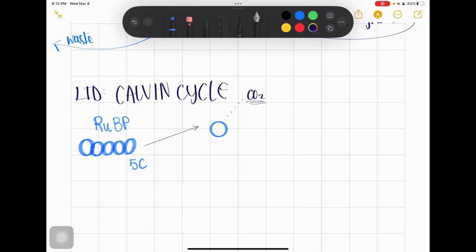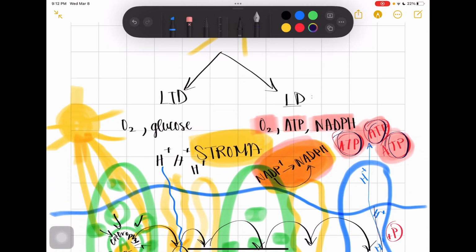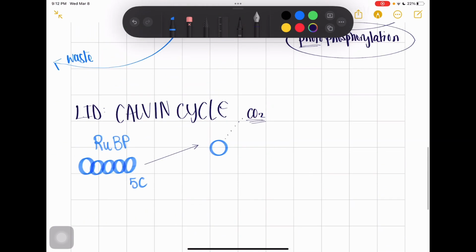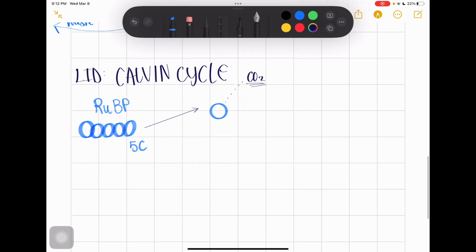So we're using CO2. And what do we know about CO2? It is in the environment. So it's in the environment and we're taking it to use in the Calvin cycle. That's why plants uptake CO2 and they give out oxygen. So we're using 1C.